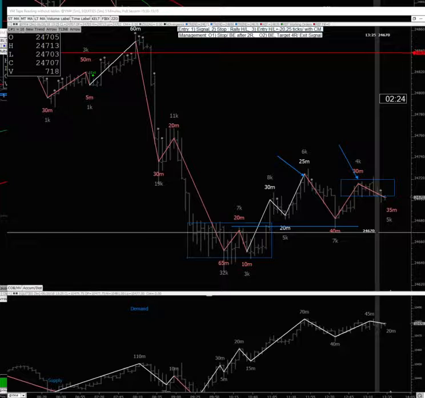To be able to coordinate those four all together in a way that's not too taxing will allow you to see a really good picture of the market.